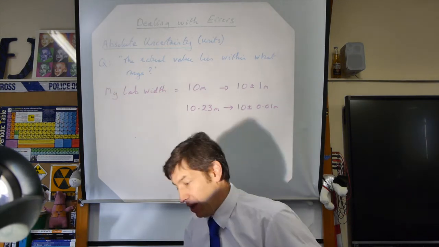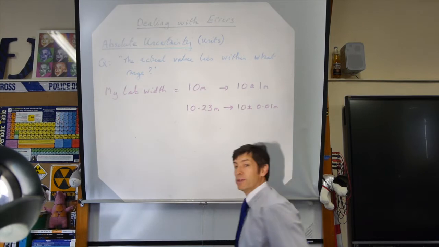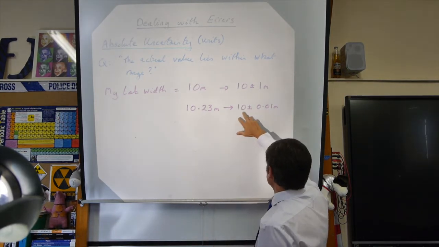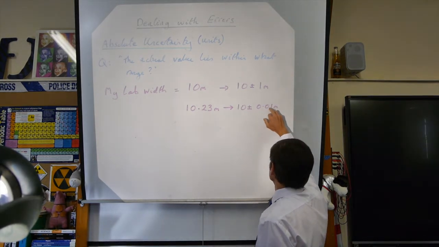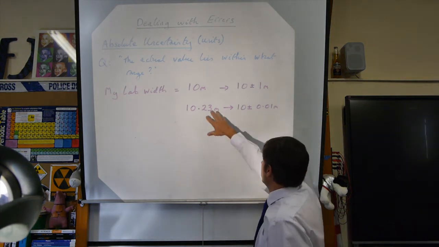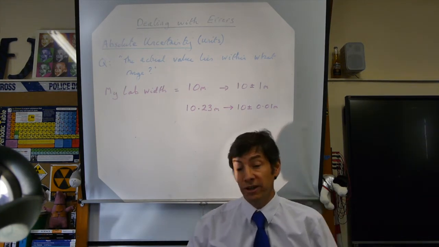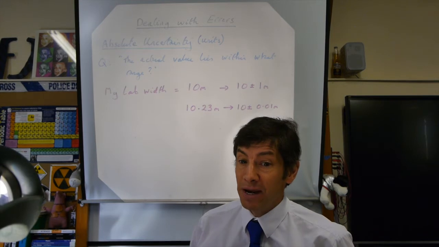Now you can take this further and further, and you can say, what about millimetre reading? Sure, and then you'll see it will be 10 plus or minus 0.001 metres. There's a bit of a problem there, you'd need an extra place here, of course, if you were measuring to the nearest millimetre.